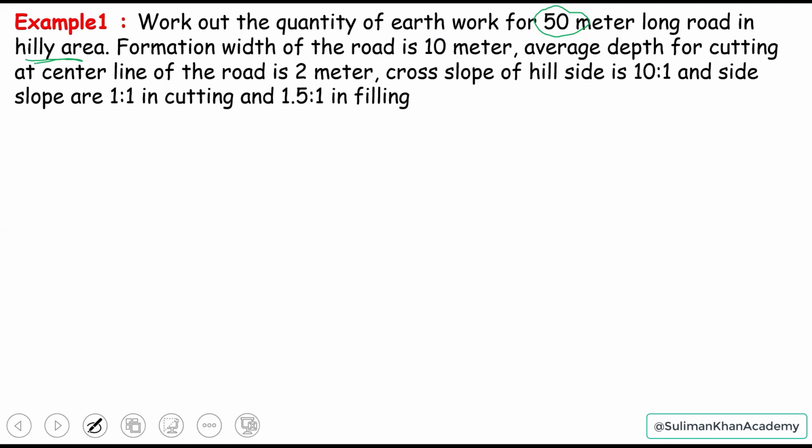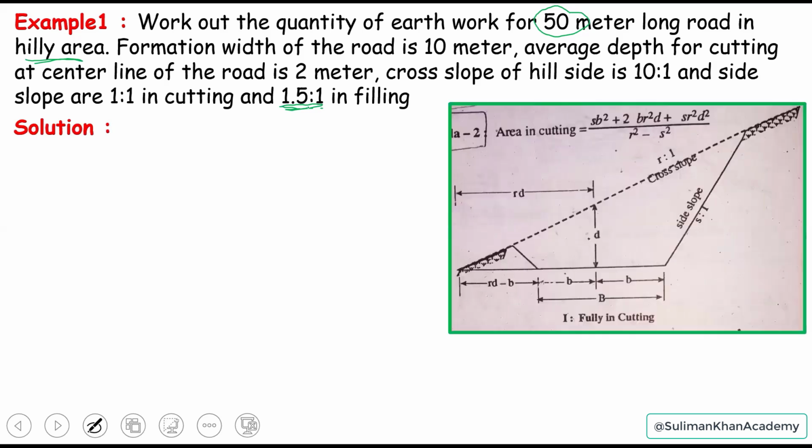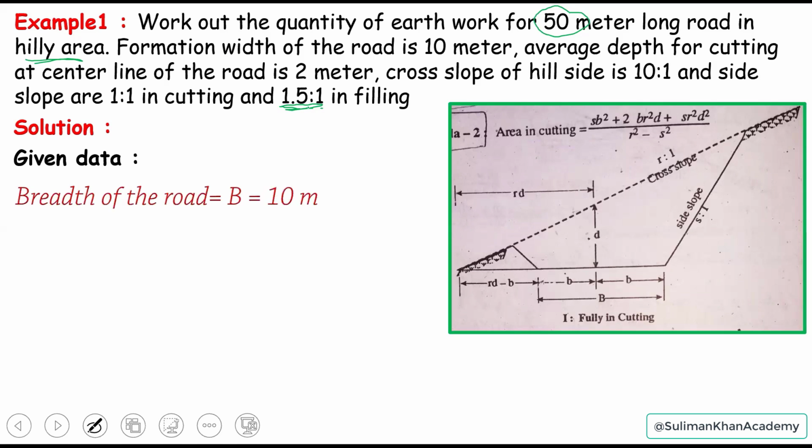Now the cross slope of the hillside is 10/1 and the side slope is 1:1 in cutting, and 1.5/1 in filling. If we have filling, the diagram may look like this. I'm going to replace this with another diagram, but before that, as you can see, we have some given data, and here we have the breadth of the road, which is 10 meters.